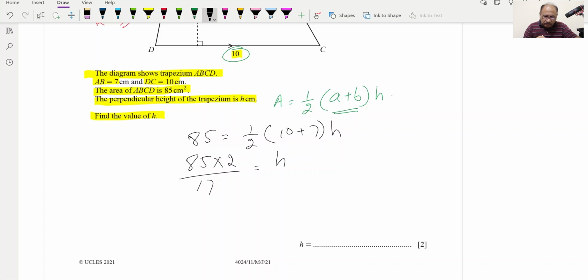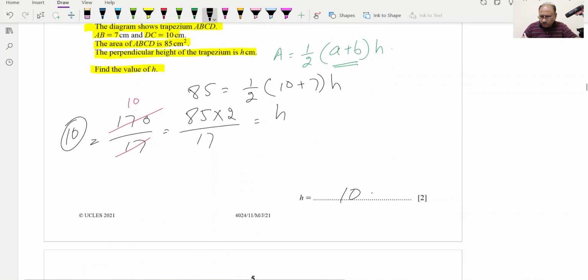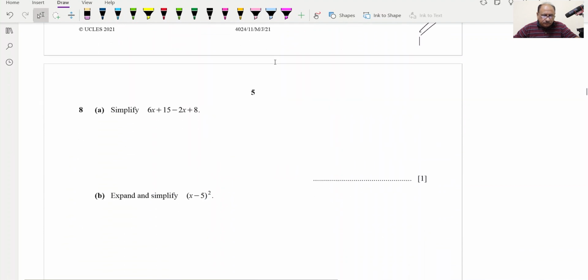Now we can multiply. 2 into 85 will be 170 over 17, and after cancellation we will get 10. So h value will be 10 centimeters. Other measurements are also in centimeters, so this will also be centimeters. This is a 2 mark question which we are done.